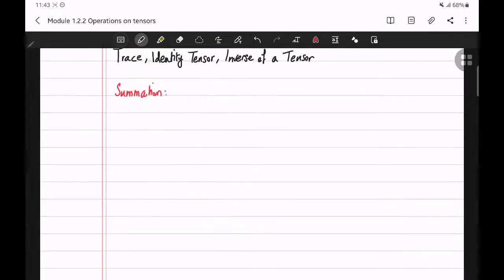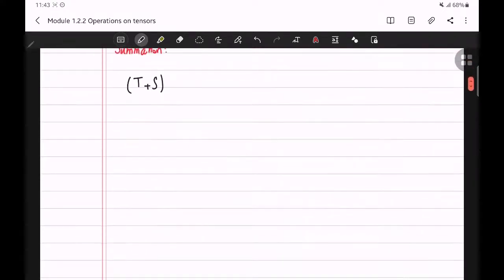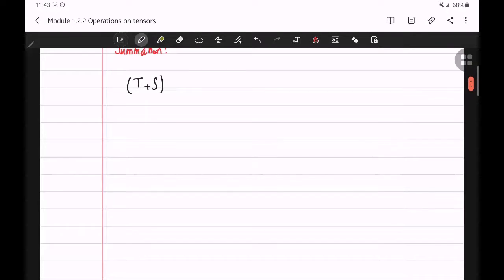Suppose you have two tensors here. I declare that capital letters denote tensors, and small letters denote vectors. So a is a vector, and S and T are tensors. This is distributive.